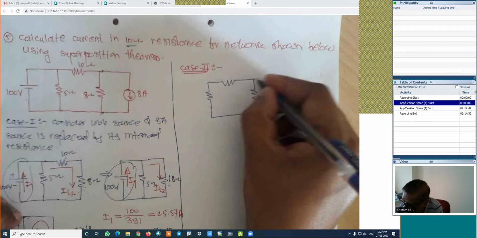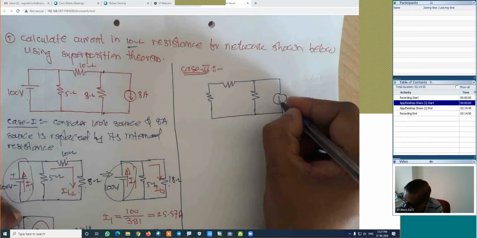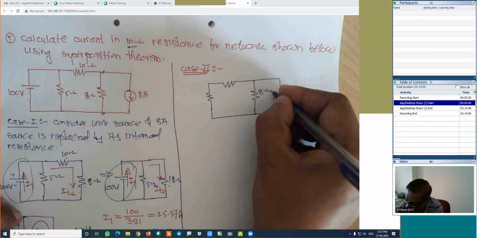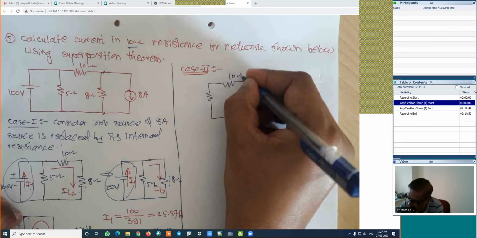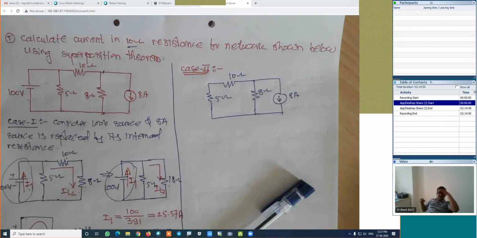It is 8 amperes. This is 8 ohm. This is 10 ohm. And it is 5 ohm. Is the figure correct? Check it out. Yes or no?